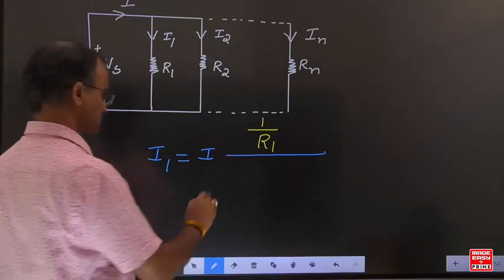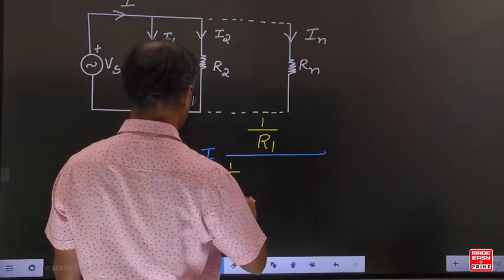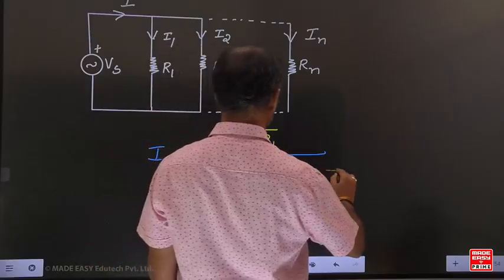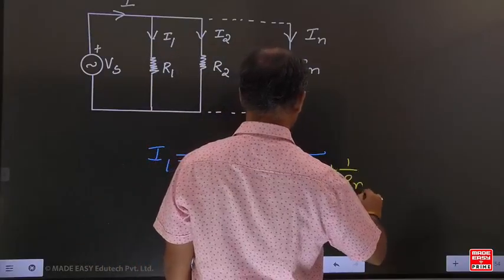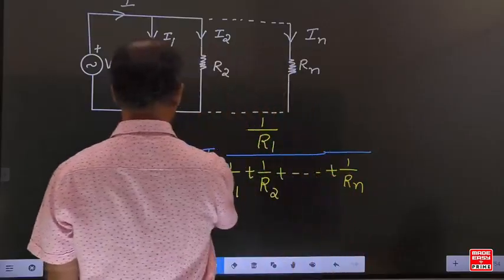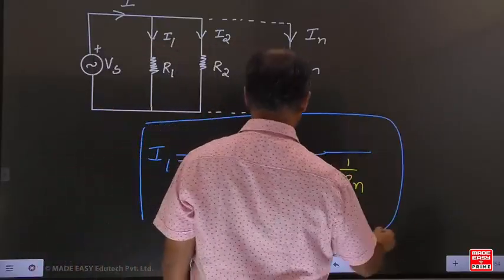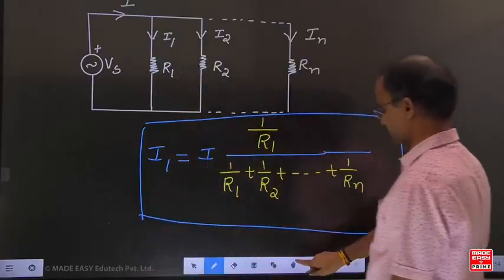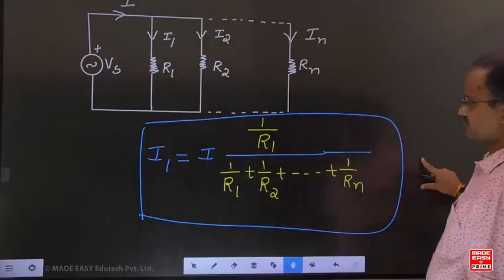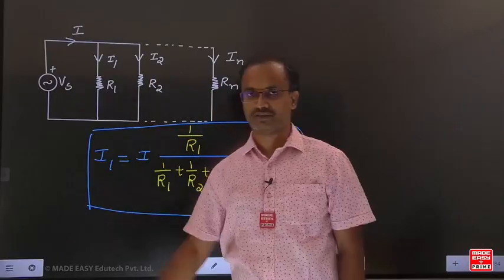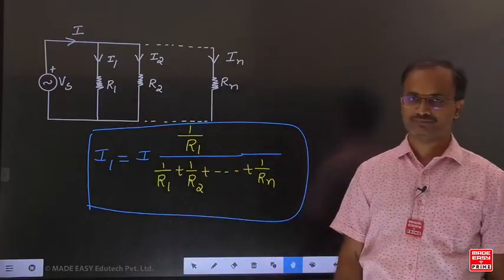In the denominator, the sum of the reciprocal values. Whenever there are more branches, to conclude the answer, go for this approach.